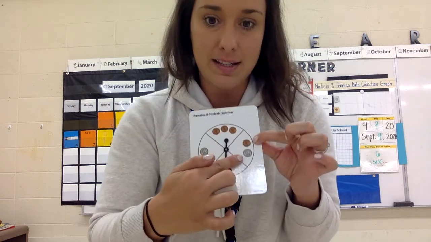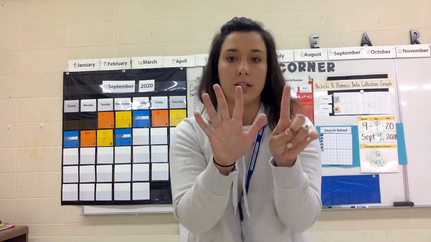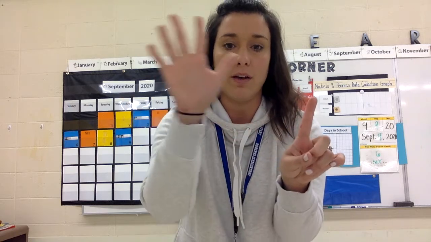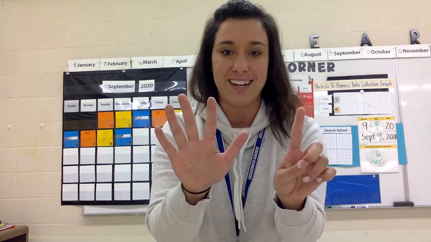We have a nickel, and we just learned that that's 5 cents. 1 penny is worth how much? Just 1. And then we have a penny and a nickel. So we know that a penny is worth 1, and a nickel is worth 5.